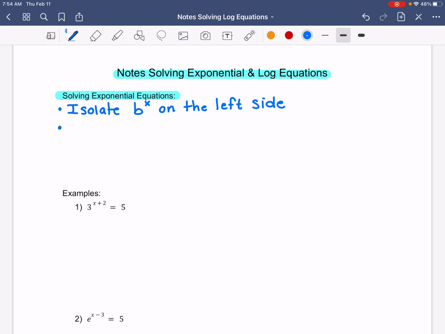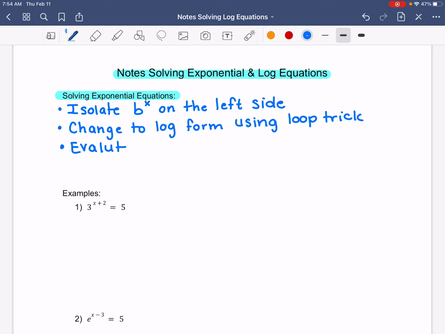So what you're going to have to do is change to log form using the loop trick. Then you're going to evaluate the log piece. And finally, solve for x.